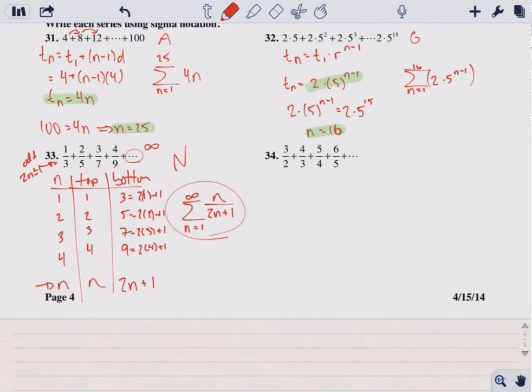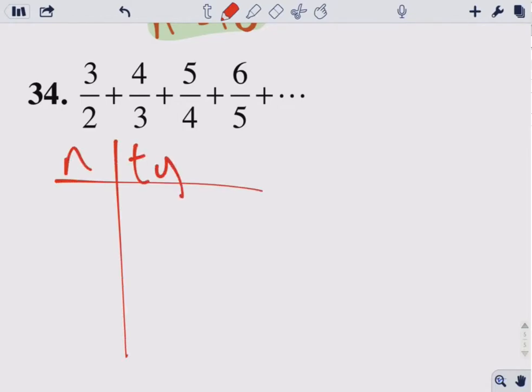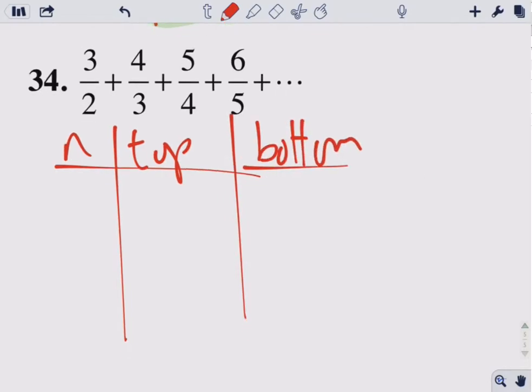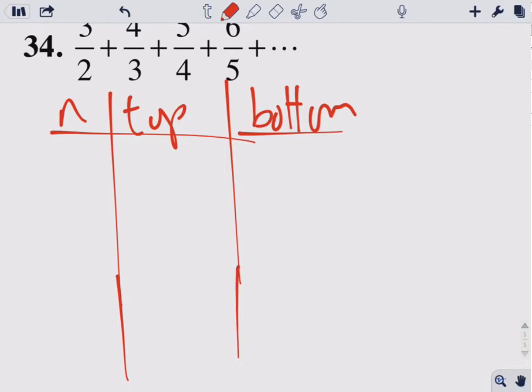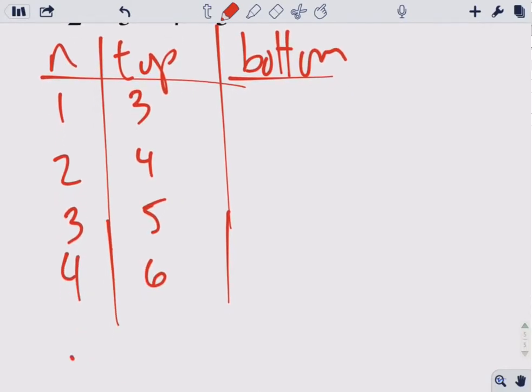And the next one's neither also. They're just counting by 1. So again, we want to break it down to the top and the bottom. When n is equal to 1, 2, 3, 4, the top is 3, 4, 5, 6. It's 2 more than n.